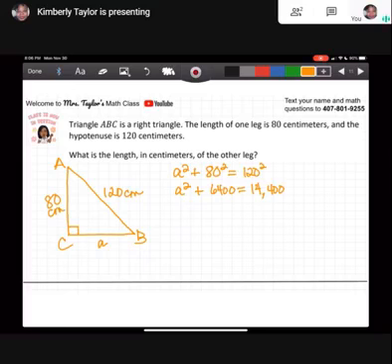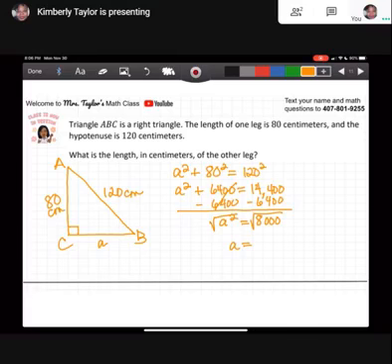And so you can subtract this from both sides, 6,400. And you get A squared is equal to, what's that, 8,000? And so you got to take the square roots of both sides. And so A is going to equal, I need to open my calculator, y'all. Hold on for a sec. Make sure I got this number right.